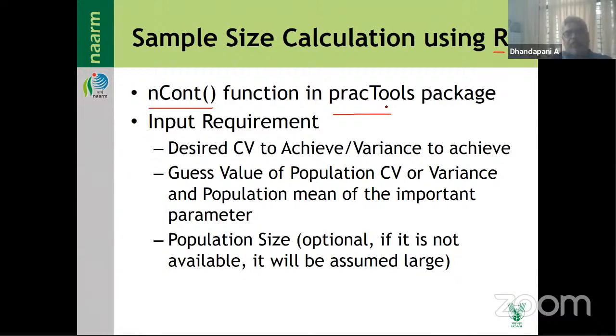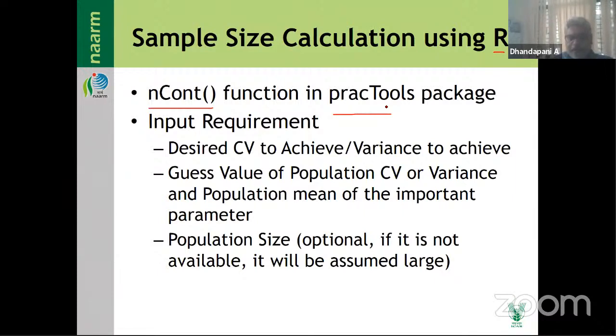The second one is what I was talking about, the guess value of the population CV. Either you go for a very quick survey and get this value and plug it in. The third one is an optional parameter for this function, the population size. If it is not available, you can leave it and it will be assumed large.